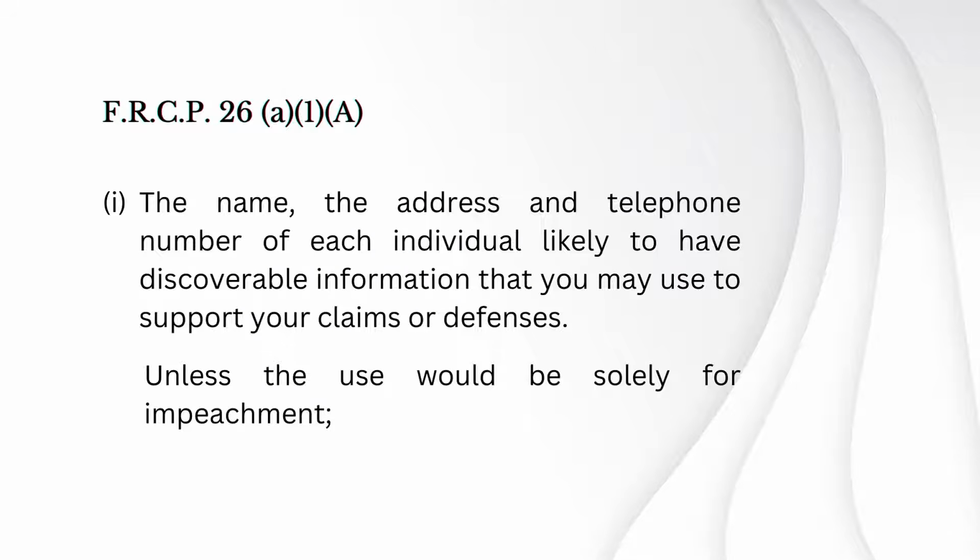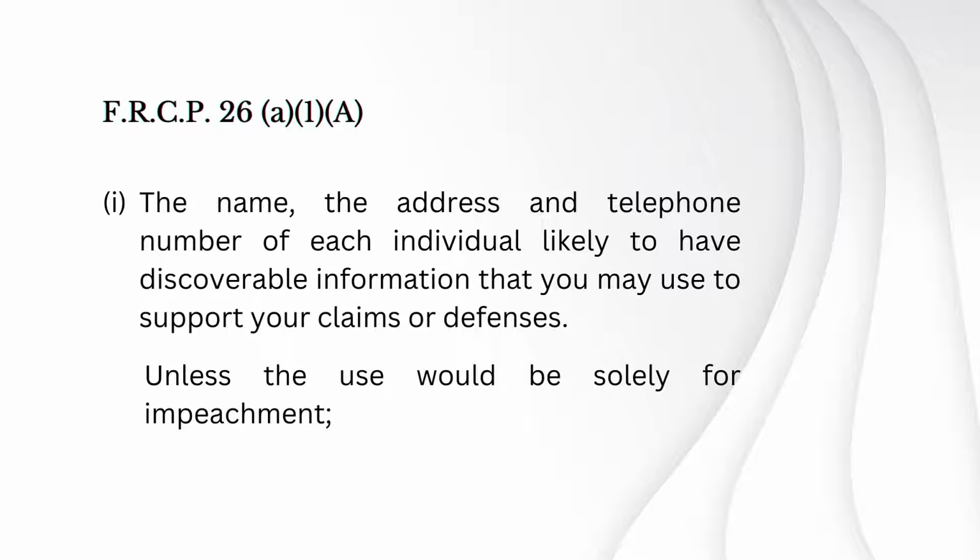Federal Rules of Civil Procedure 26(a)(1)(A) requires that the plaintiff provide the name, the address, and telephone number of each individual likely to have discoverable information that the plaintiff may use to support his or her claims or defenses.